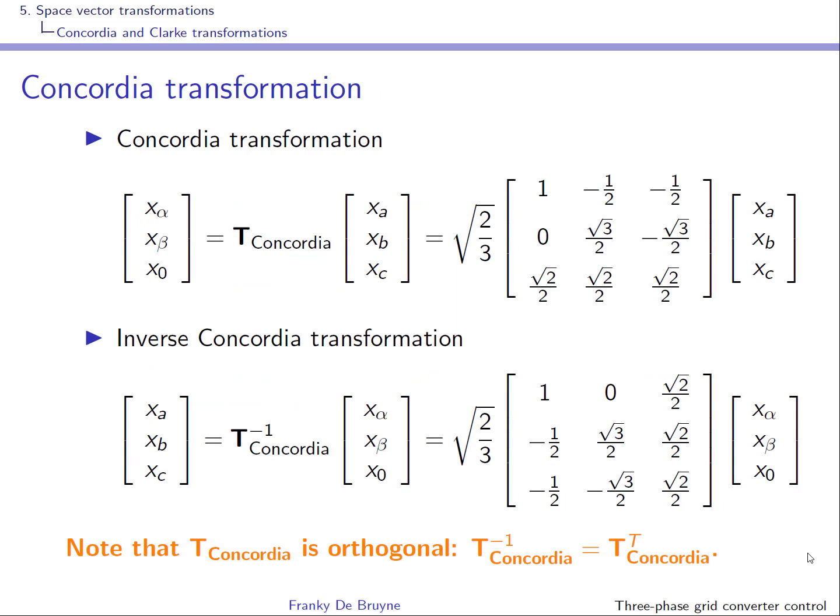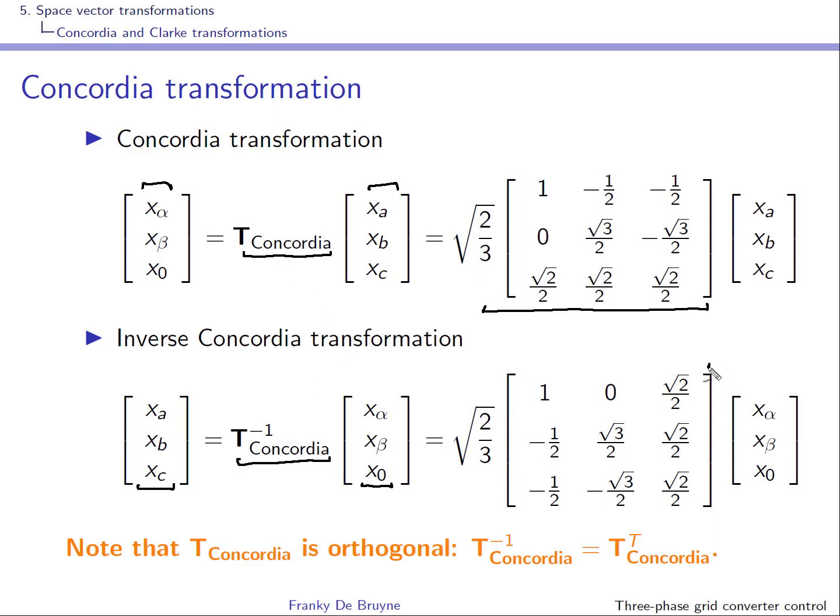Well, in order to transform the signals from the ABC framework to the alpha beta 0 framework, you need to use the Concordia transformation, this is this matrix over here, and we'll denote it like that for short. And of course you have an inverse transformation that transforms the signals alpha beta 0 back to the signals in the ABC framework, and you need to use the inverse of this particular matrix.